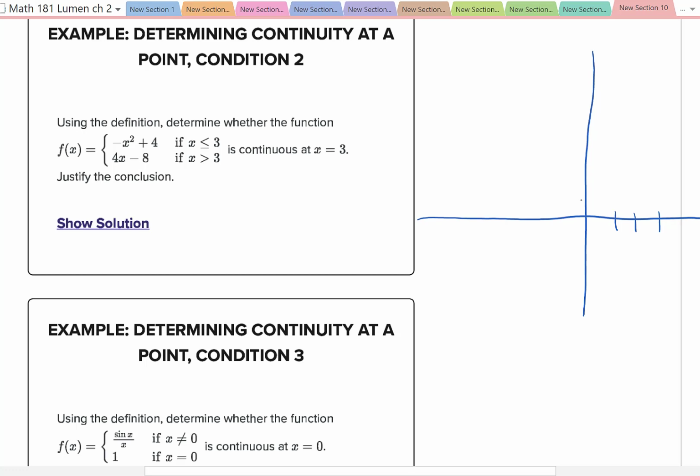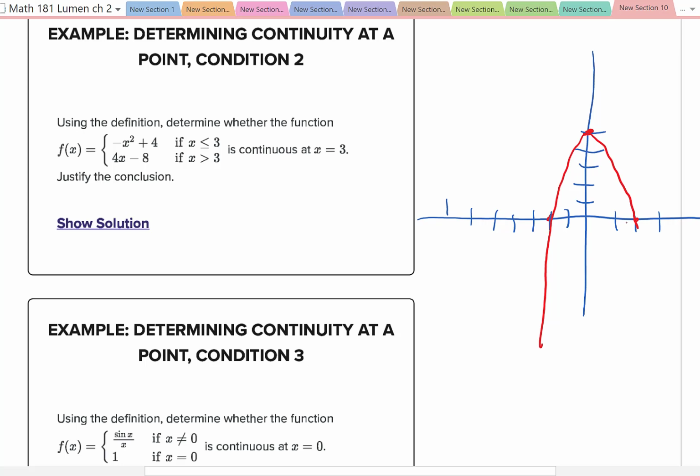And so let's see here. It's going to peak here at 4, and then at negative 2 it's at 0, at 2 it's 0. It's going to be going down like that.